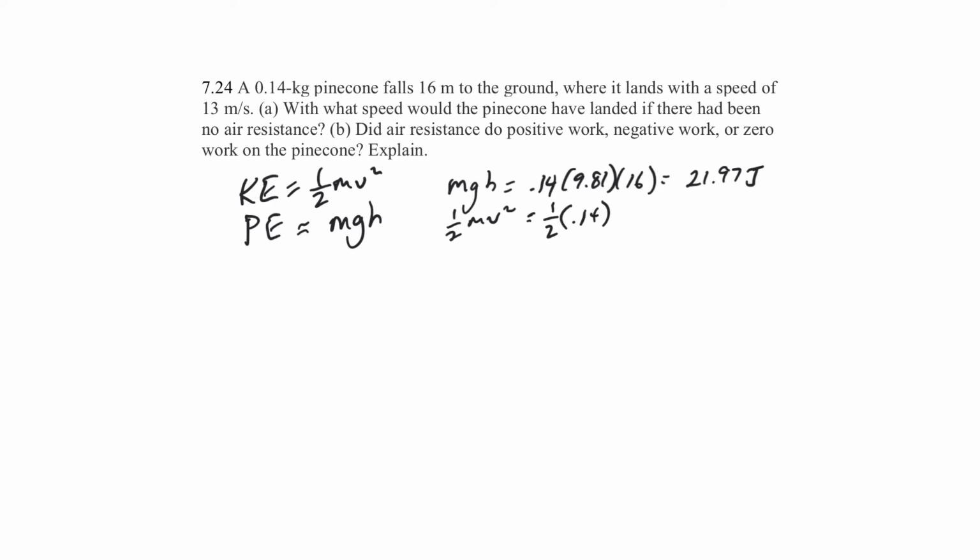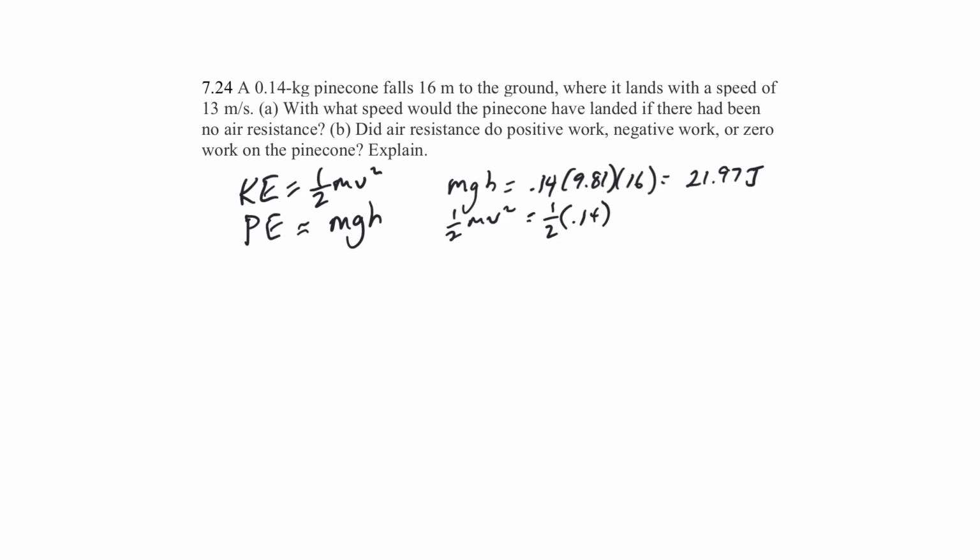With what speed would the pine cone have landed if there had been no air resistance? The air resistance, remember, is slowing it down. The air is in the way and it's plowing through the air molecules, and the air molecules are shoving up and its force is shoving down, and so there's a slowing.